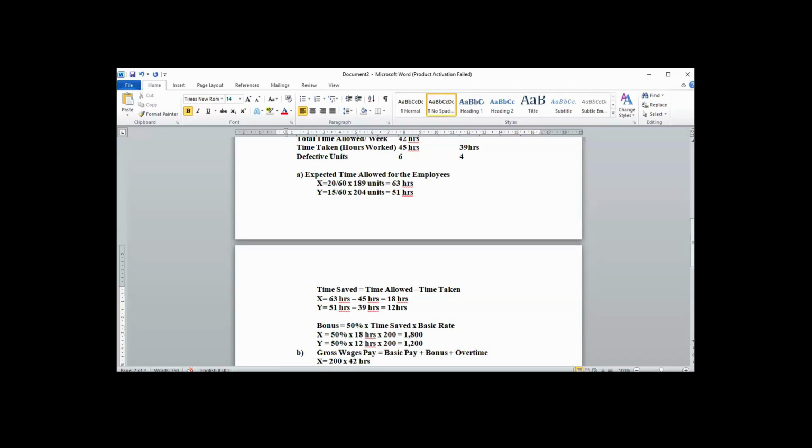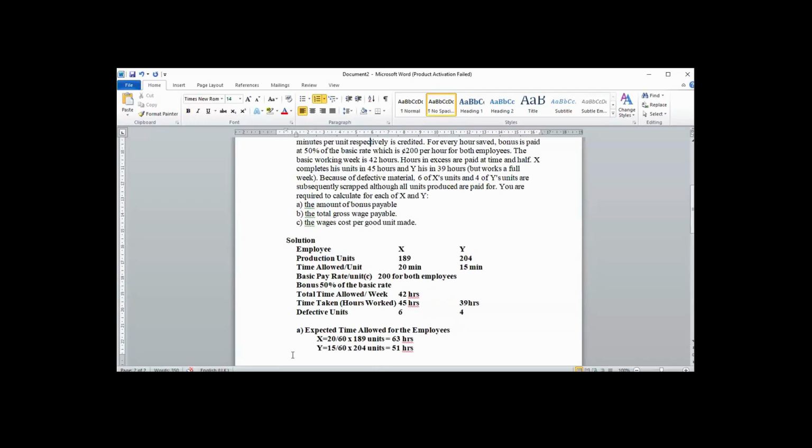The company thought it's going to be basic pay plus bonus. Leave the bonus alone now, I'm coming up to bonus. The basic pay. They said the basic working week is 42 hours. They will not pay them for more than 42 hours. Any work outside 42 hours is overtime. Is it clear?